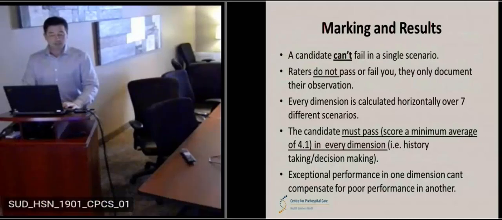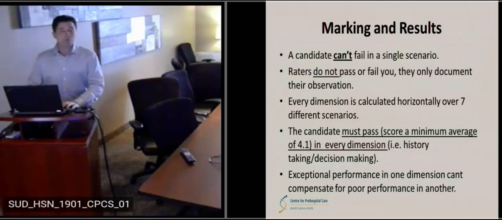And every dimension is calculated horizontally over 7 different scenarios. So for instance, your history gathering will be marked over the course of your 7 scenarios, and then an average of those 7 assessments of history gathering will be calculated. And as long as your score is greater than or equal to 4.1, you'll be successful in that dimension.